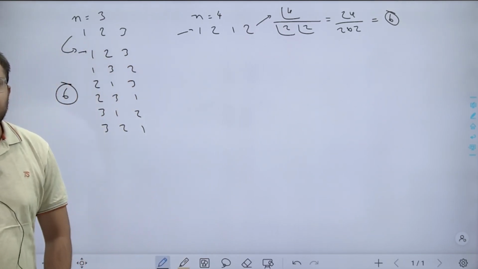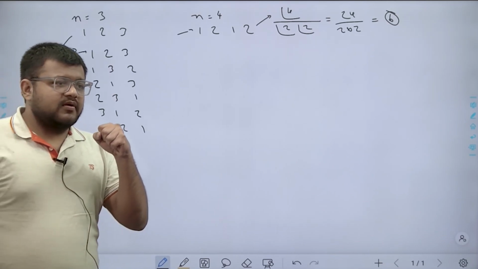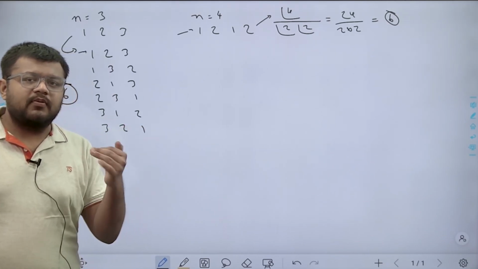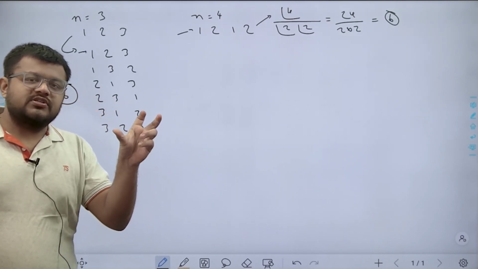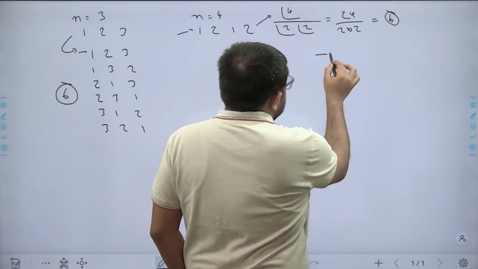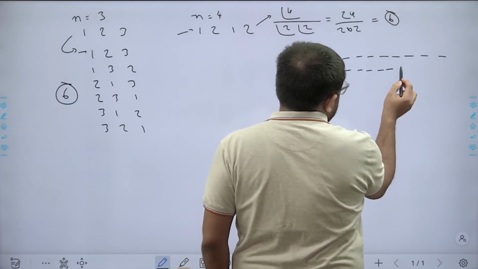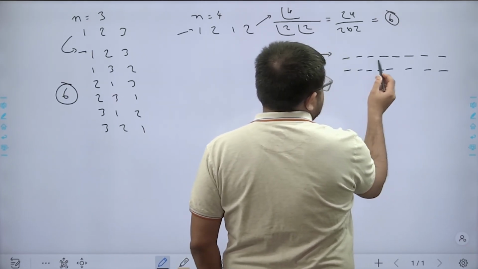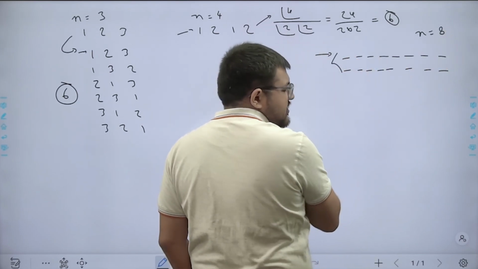Another term which they have used is that we need to return these unique permutations in sorted order. Now, if I want to compare 2 permutations, which one is greater and which one is less, how can I compare it? All the permutations will have n elements, right? Let's say n is equal to 8, and these are the 2 permutations which contain n elements.